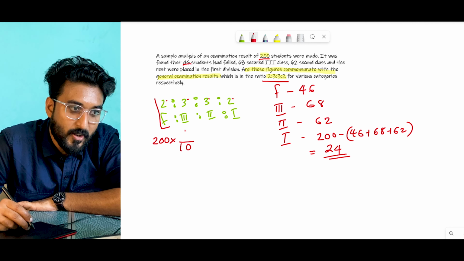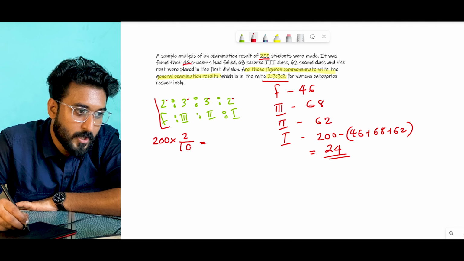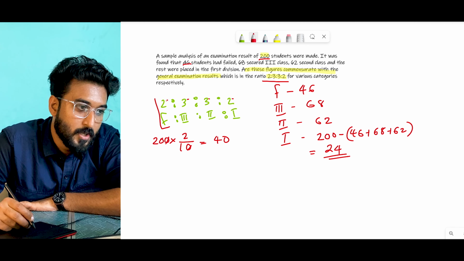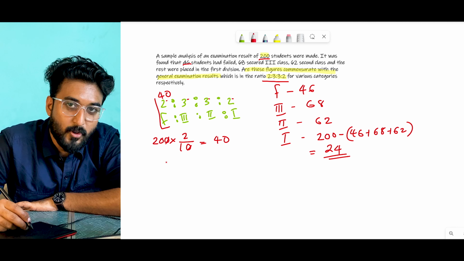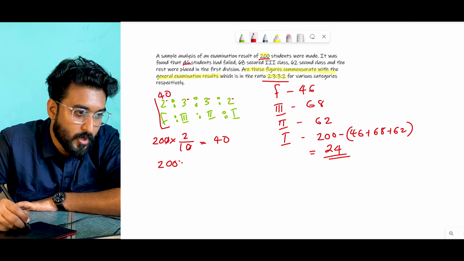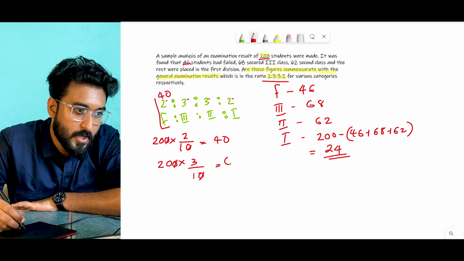For failed, it is 2 divided by 10 of 200, so the value is 40. For third class, it is 3 divided by 10, so 20 times 3 is 60.